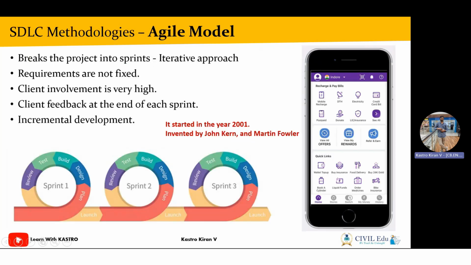But in the agile model, the budget is not a constraint. Since the budget is not a constraint, the client can come up with a new idea at any given stage of the project development, and that new development is called incremental development. And that's the reason why the Agile model is most commonly adopted in the software development lifecycle.